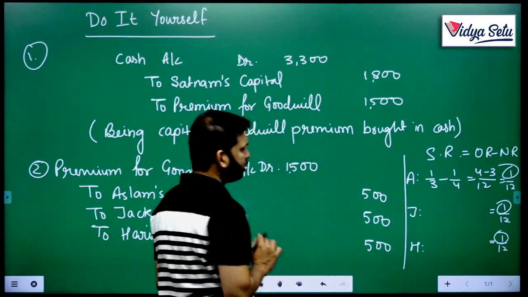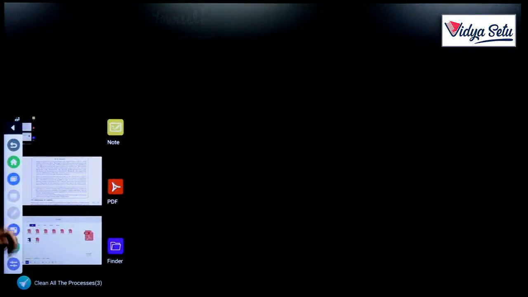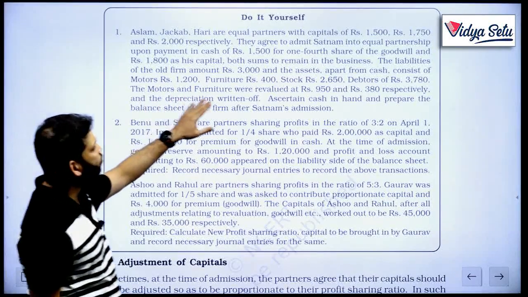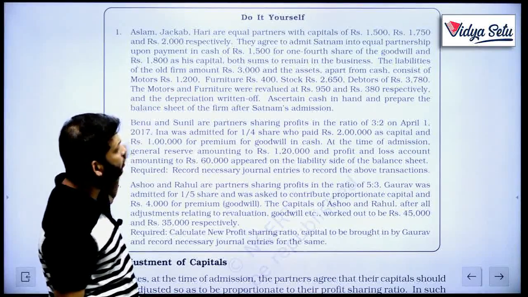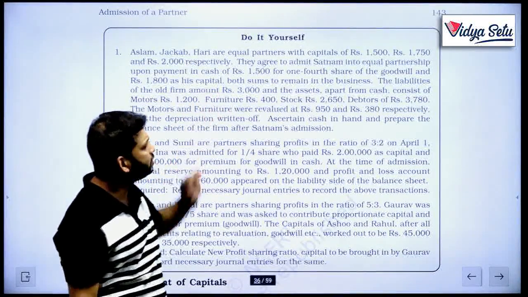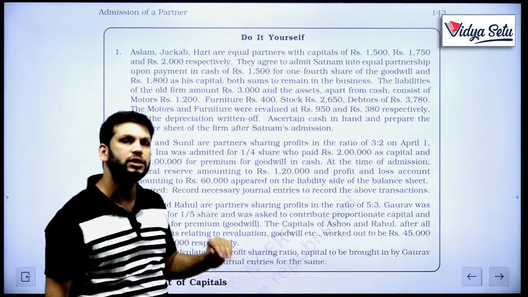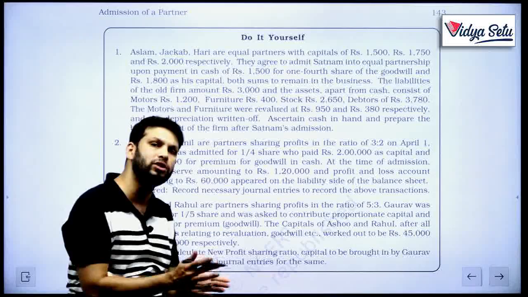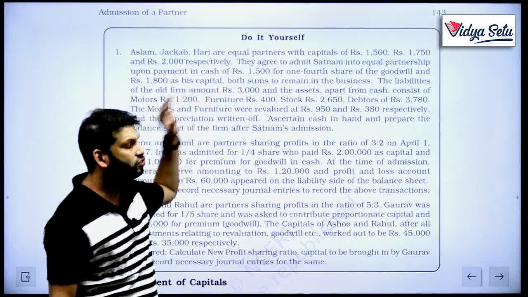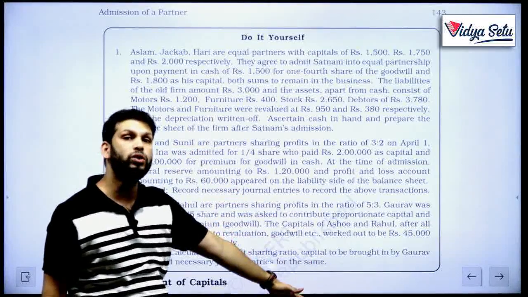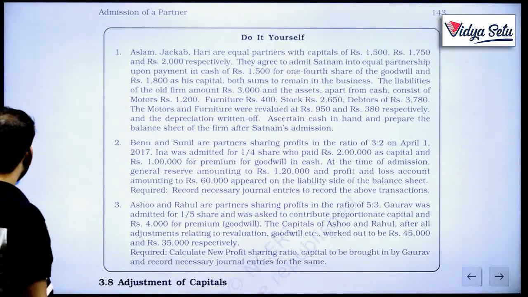Now this is done. We understood half of the question is done. We have to prepare the balance sheet also and find out cash. They have given us the figures of assets and liabilities before the admission. So we need to prepare a balance sheet before the admission, because the cash figure has not been given. So first of all, we are going to write down the before-admission figures.